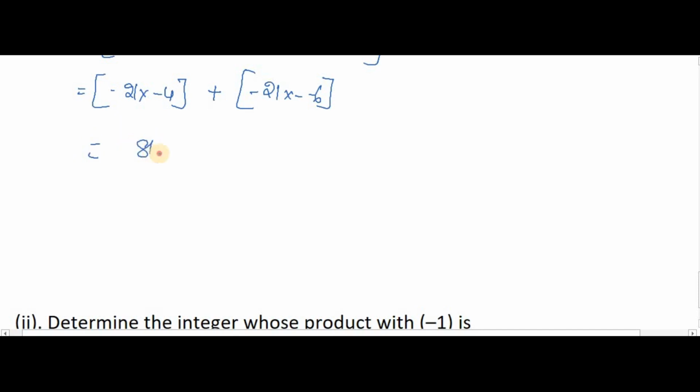Twenty-one fours are 84, minus into minus plus. 21 6s are 126, minus into minus plus. 126 plus 84. 6 plus 4 is 10, 2 plus 8 is 10 plus carry 1 is 11, 1 plus 1 is 2. So the answer for this is 210.